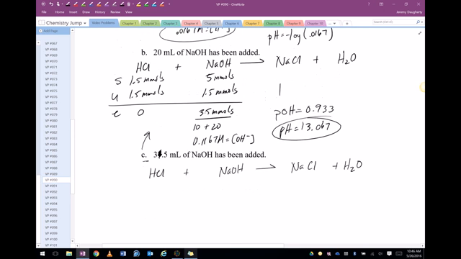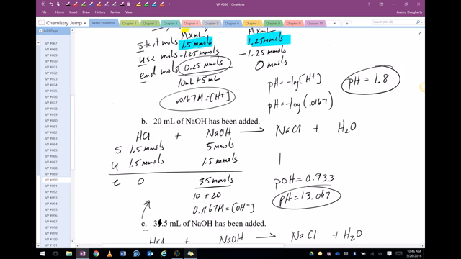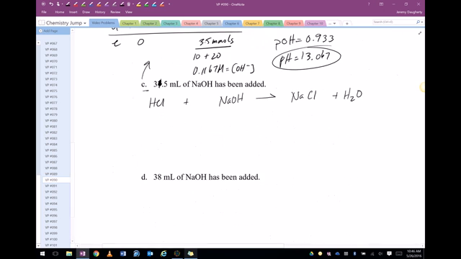Alright, so I'm still starting out with the same amount. I've got 10 milliliters of that acid, so that means I'm starting out with 1.5 millimoles of the acid. So I'm going to take that 3.5 and multiply by 0.25, and that'll give me 0.875 millimoles of the base.